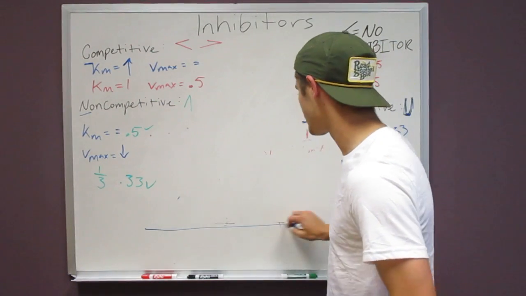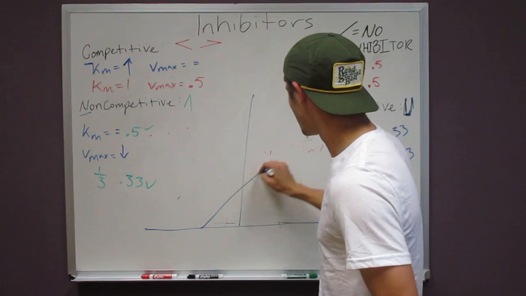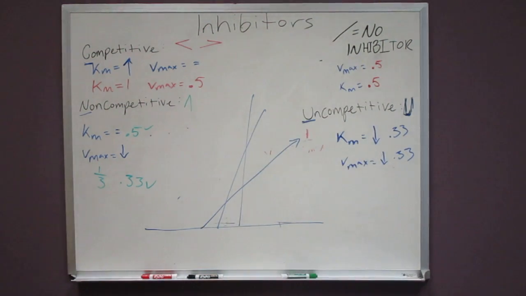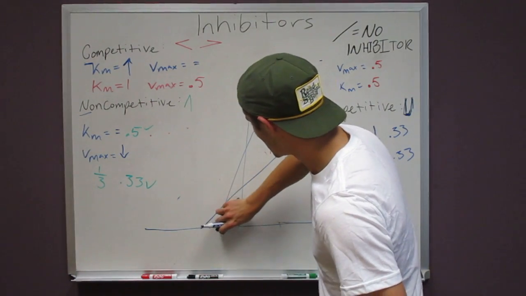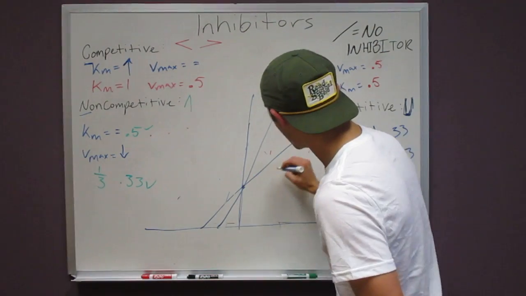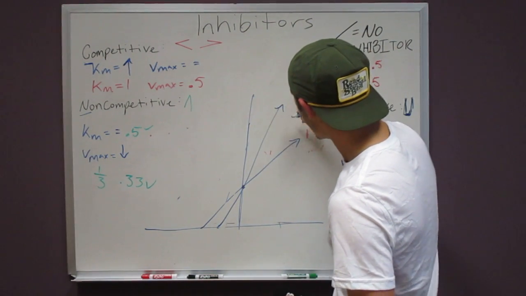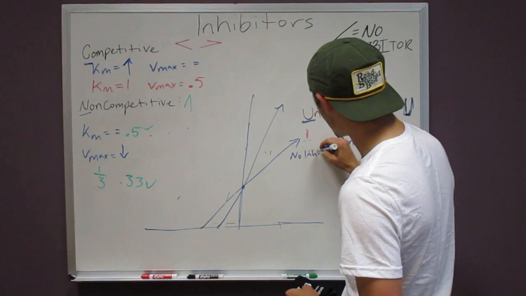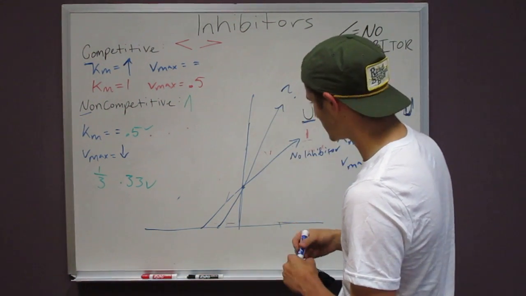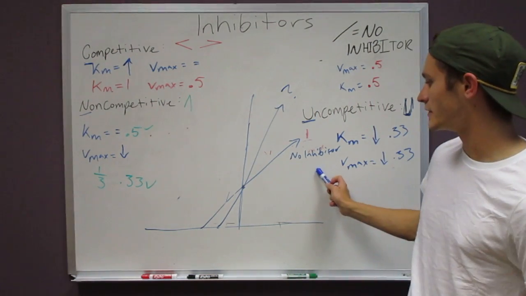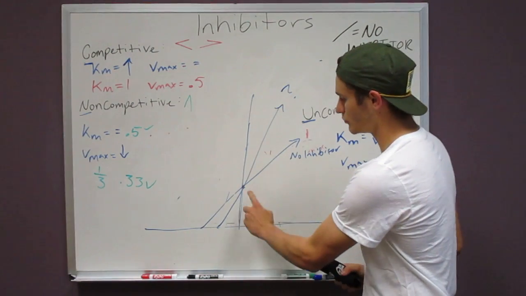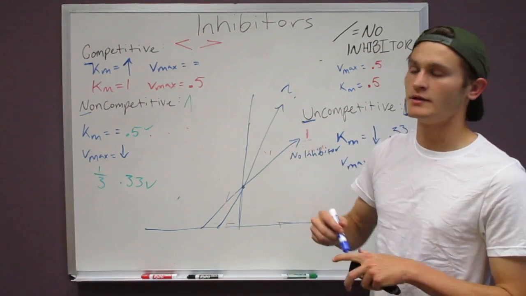So if they gave you something that looked like this, one being the no inhibitor, they may ask you, what is the line in relation to the no inhibitor? And just by recognizing the double C's, you'll know that that is a competitive inhibitor compared to the no inhibitor.